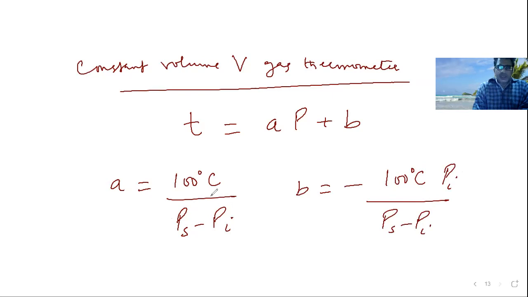Pi is the pressure in the gas of the thermometer when it is in thermal equilibrium with ice point.